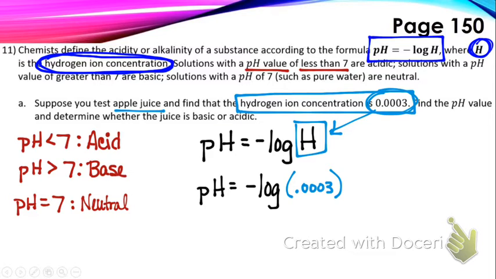What is the base on this log? 10. Is that one of the buttons on the calculators? Yes. This is called the common log, and it's on our calculators. So I just need to grab my calculator and plug that in.